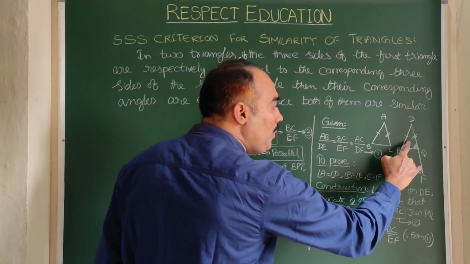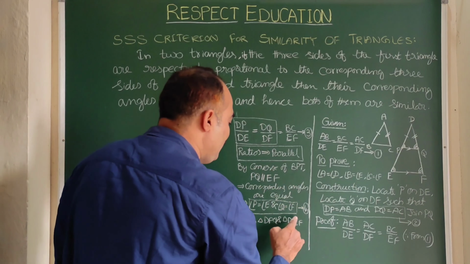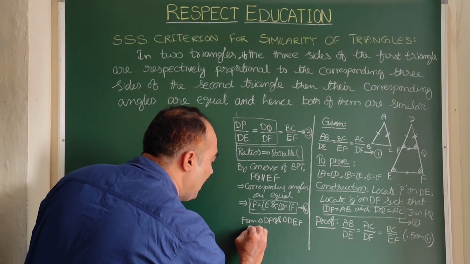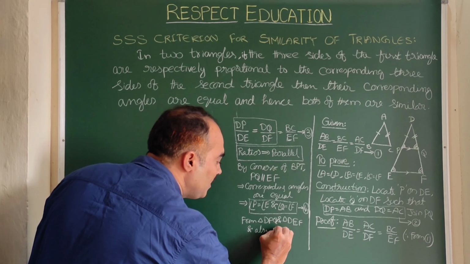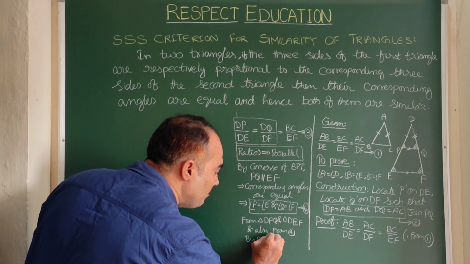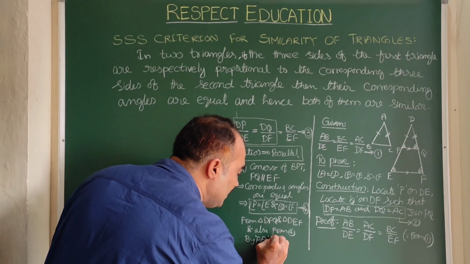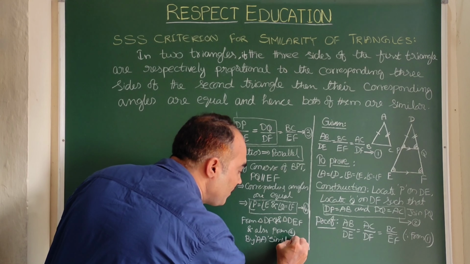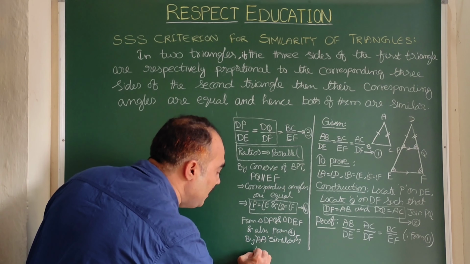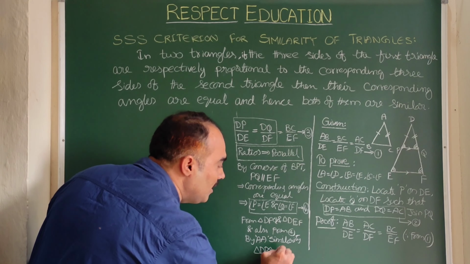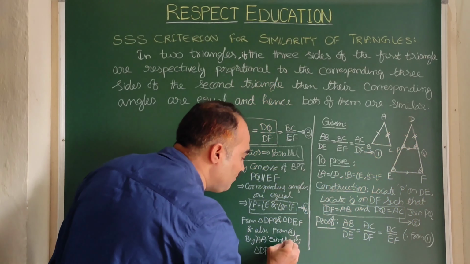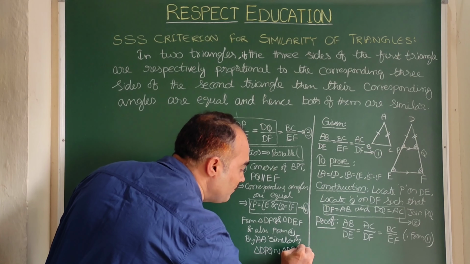So two pairs of angles are equal. From equation 4 and by the AA similarity criterion, these two triangles are similar, that means triangle DPQ, the upper triangle, is similar to the whole triangle DEF.